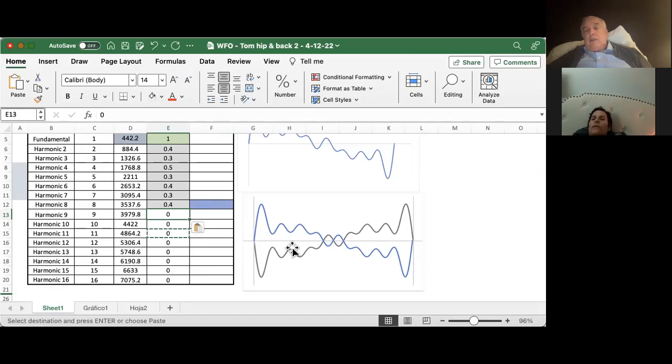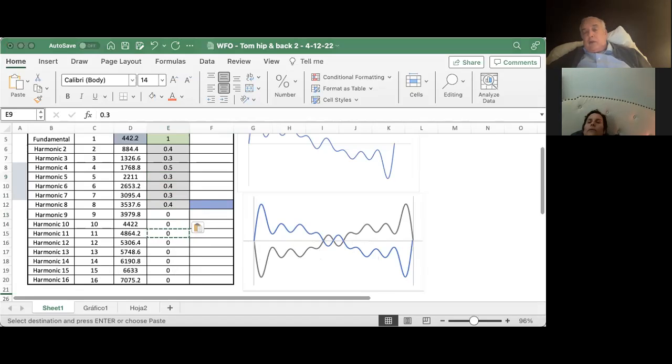Now, there's still some slight problem with the spreadsheet. Sometimes in putting these values in, the alignment of these two waveforms goes off. It shifts off, and it starts to look like something like that.